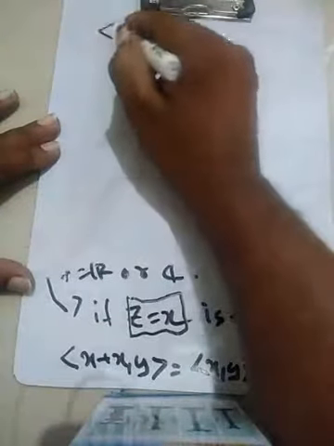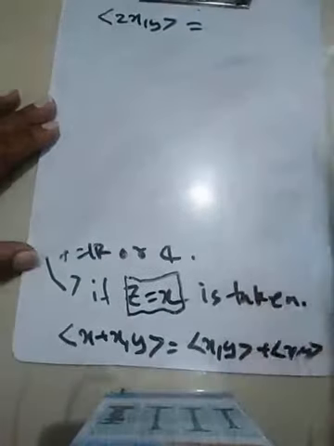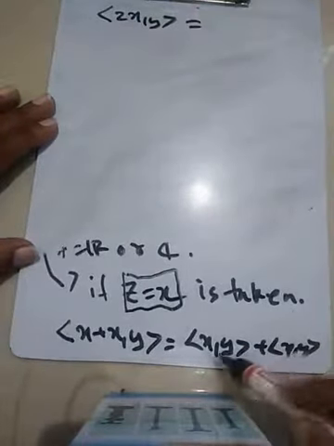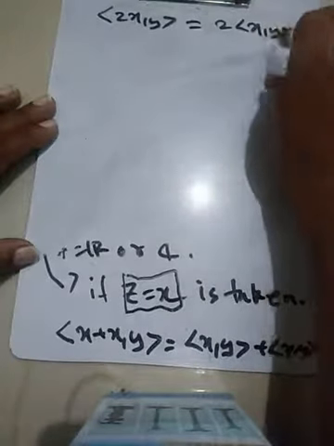So what we have got is that 2x comma y is the same thing as the sum of these two terms, which is 2 times the inner product of x with y.